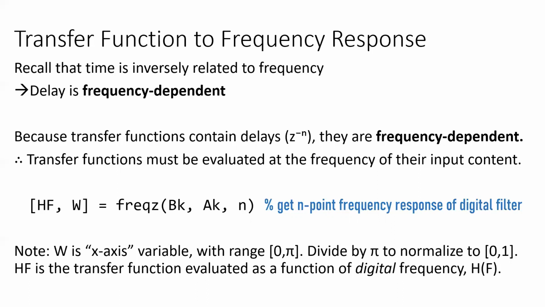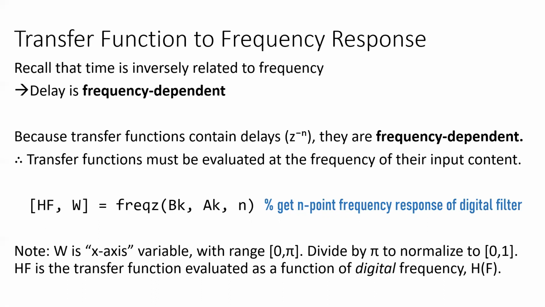So in Matlab, an easy way to do this is the freqz command. It takes the b_k's and the a_k's, where k is just the index, those coefficients, and then how many points in frequency you want your response to have.